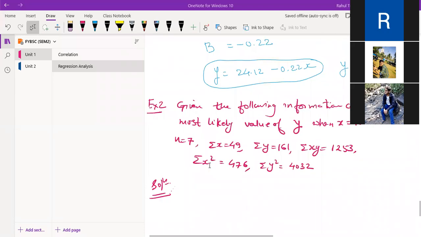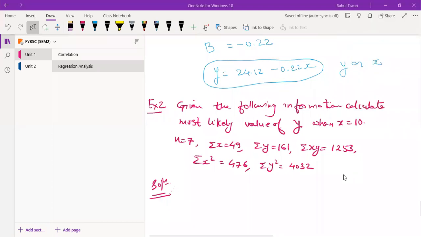Very nice. So everyone can solve this particular problem which I have given you. Also you can add here: calculate the coefficient of determination.